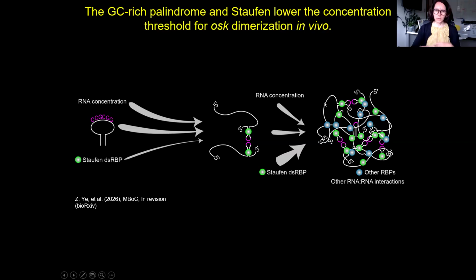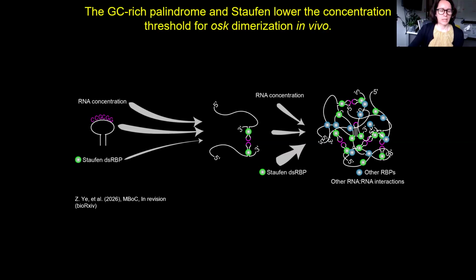However, the formation of an oligomer actually relies on RNA binding proteins that are multivalent. So Staufen RNA binding protein has 5 RNA binding domains, and it seems that it's able to grab different RNAs together, enhancing oligomerization. So the palindrome enables dimerization because it's monovalent, and then multivalent RNA binding proteins among them, Staufen, are then helping to drive oligomerization.